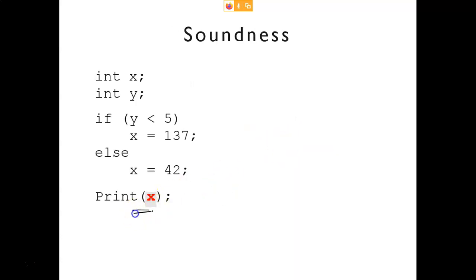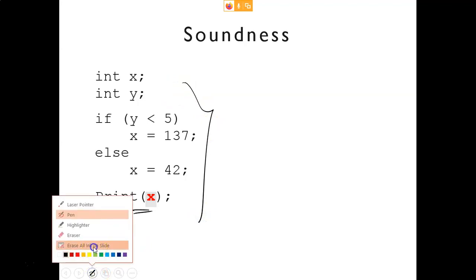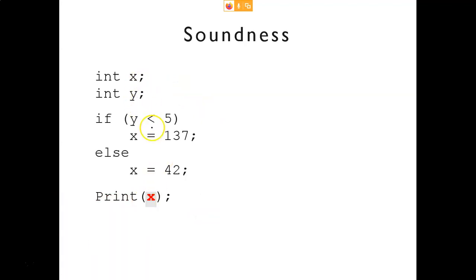Here you see this is your program. One thing you can notice is that this condition will evaluate to either true or false. If this condition evaluates true, then x will be 137.